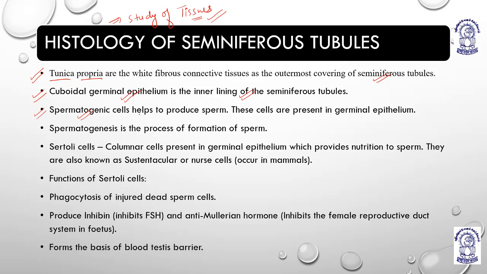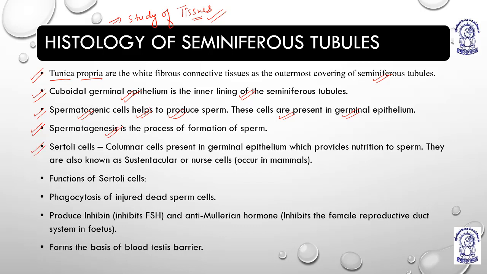So these spermatogenic cells, which help to produce sperm, are known as what? Spermatogenic cells. These cells are present in the germinal epithelium, which has cuboidal cells. They help to produce sperm. The process of formation of sperm is known as what? Spermatogenesis.